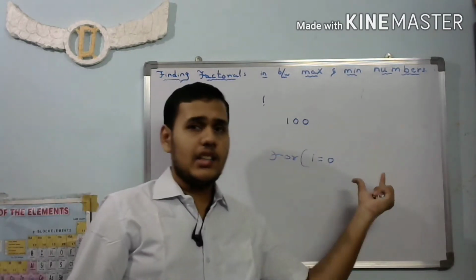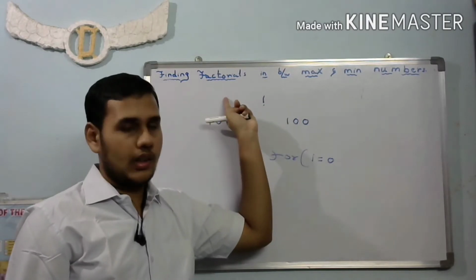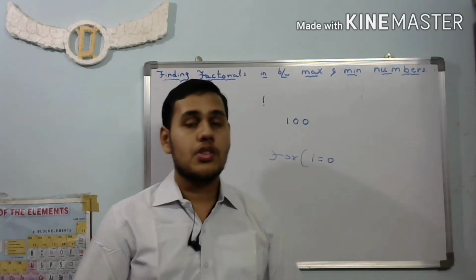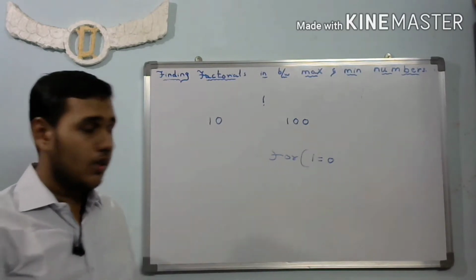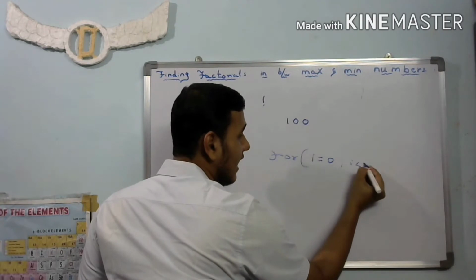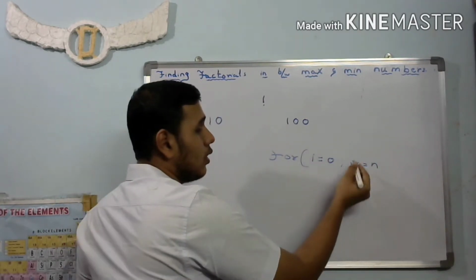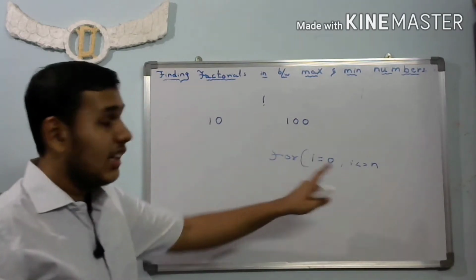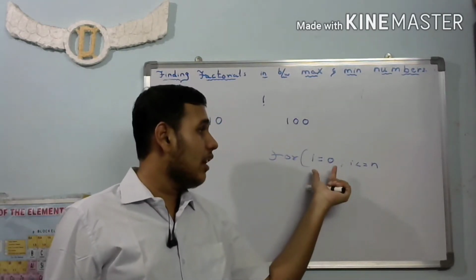If I take i equals 0, now remember one thing, this is the factorial. That means the multiplication procedure is included in it. Now if I take just 0, after this, i less than or equals to n, or maximum or minimum, any number. So 0 is always less than any number that we give. So the condition works. Then the i value becomes 1.